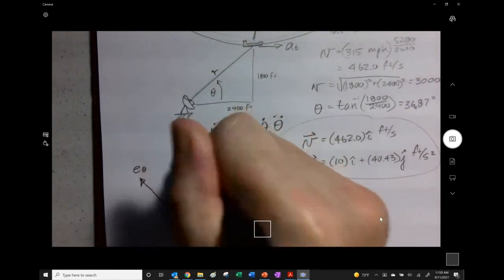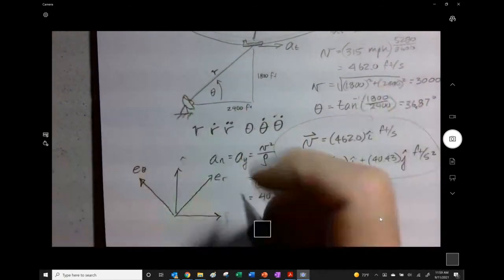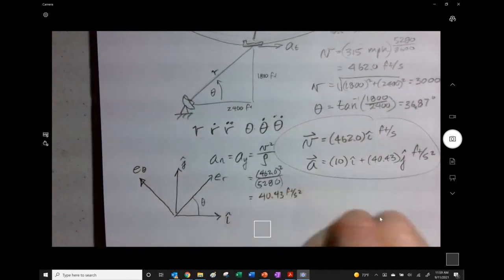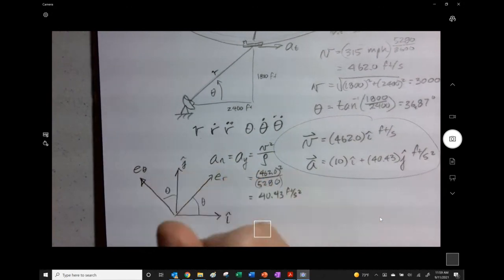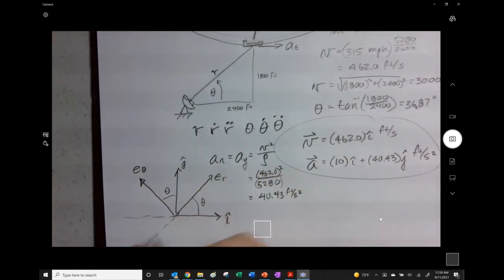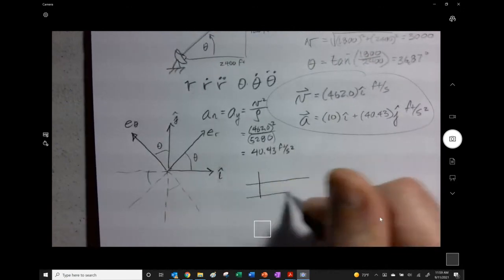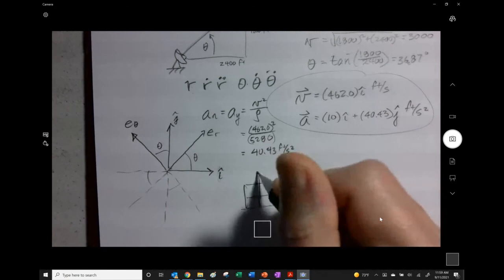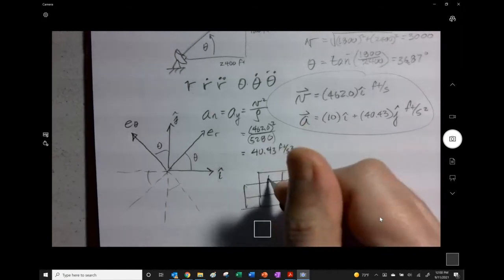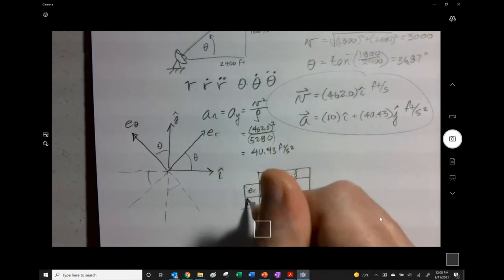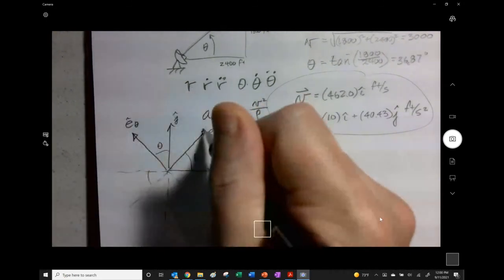Here's that angle, which we know is the same one as this. 36, yeah. And if we needed it, we could say that and that too. But we set up our coordinate transformation array. Here's my i and j, my e_r and e theta.